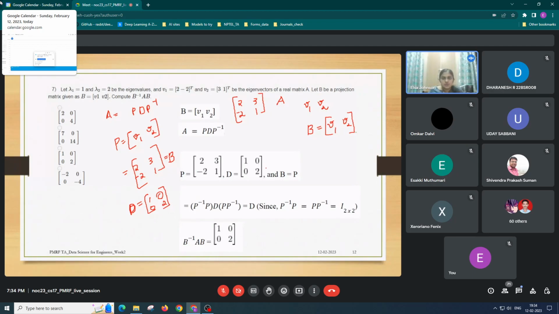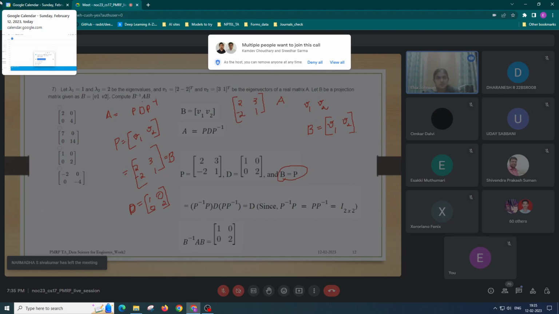So from here you can see that anyway B is equal to P. That relation is there. If you want to find B inverse A B, B inverse is like P inverse only.